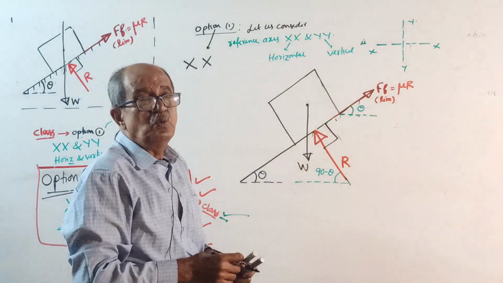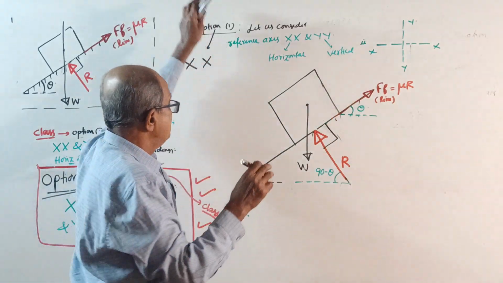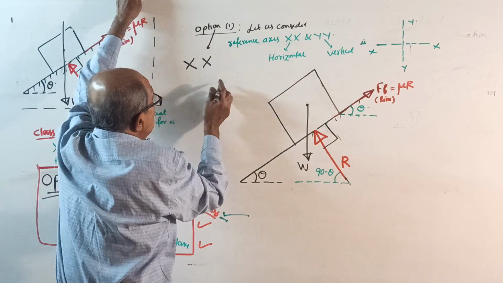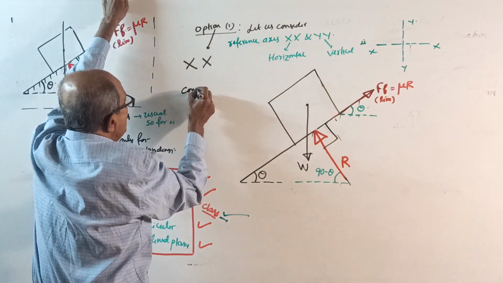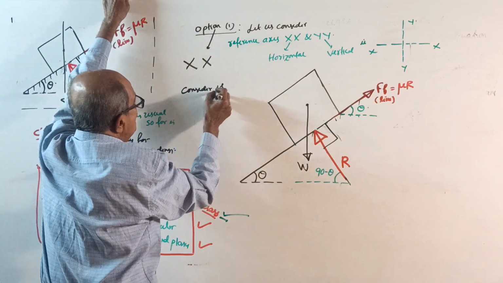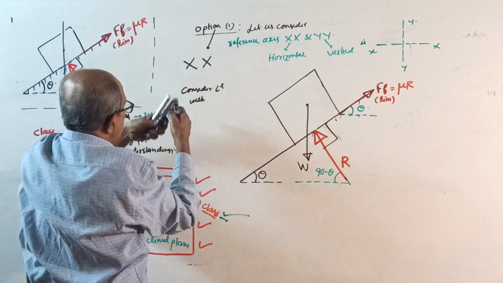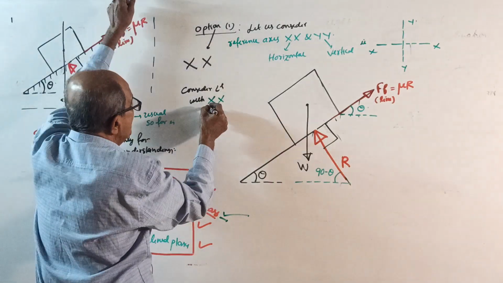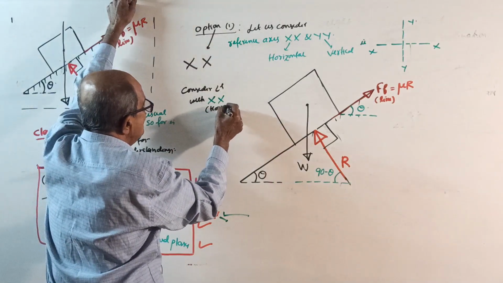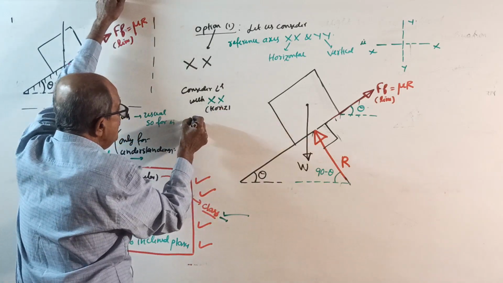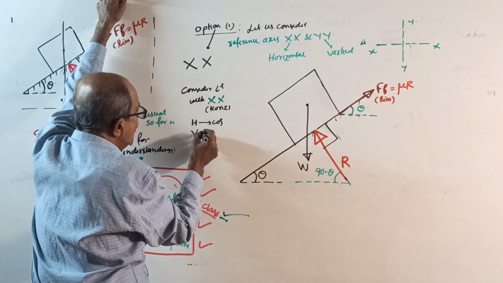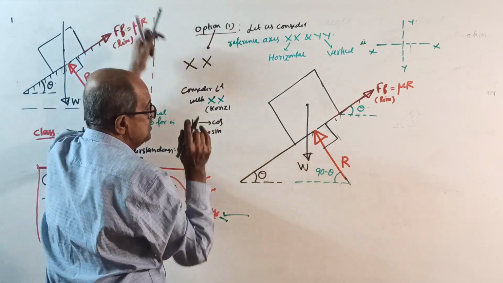Remember, this time our reference is x and y, therefore consider the angle with the x, that is, the horizontal. Then the horizontal component is cos, the vertical component is sine. You know it.